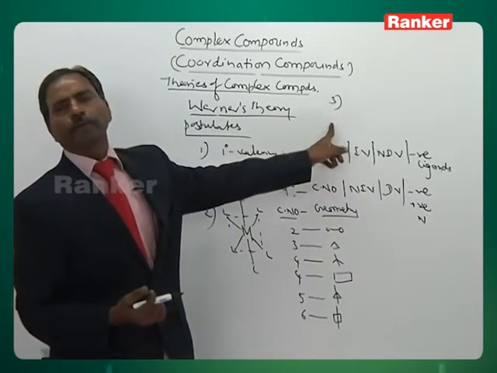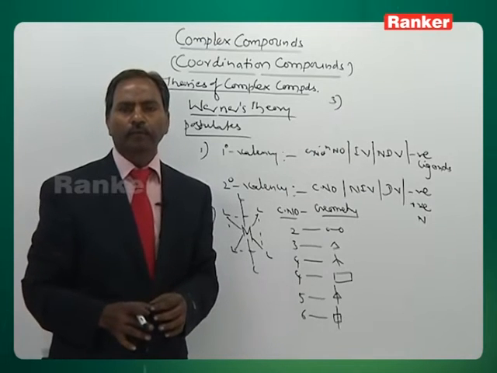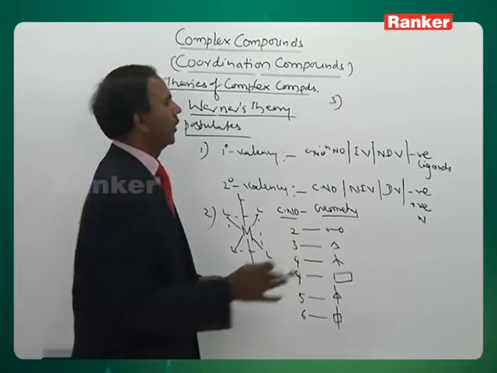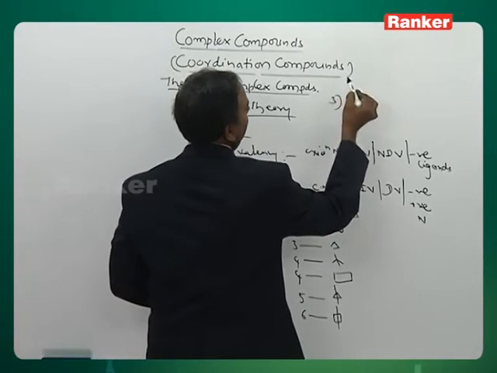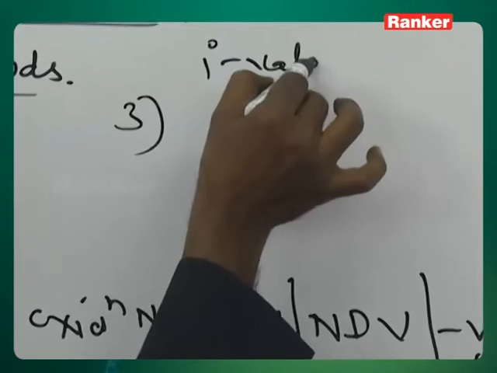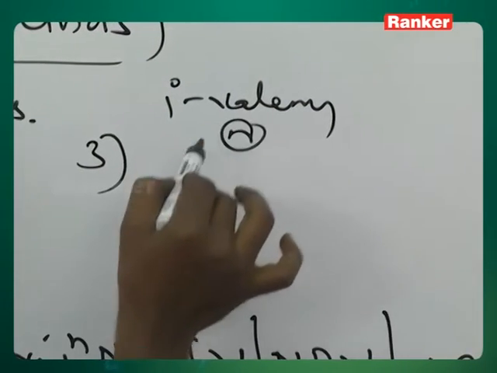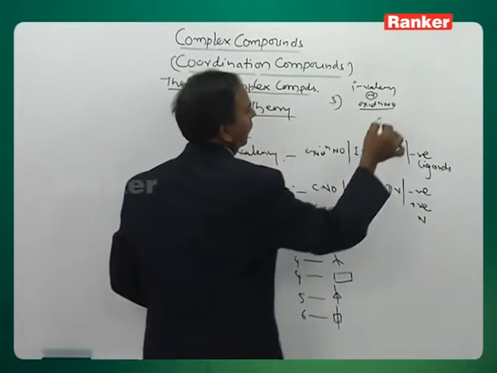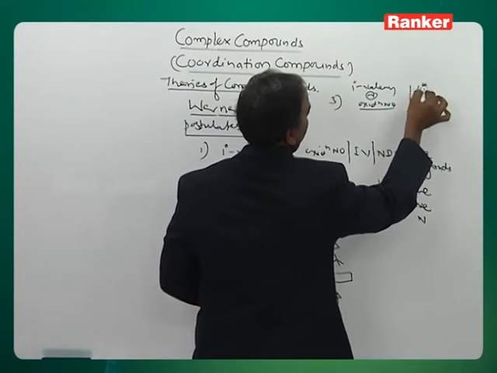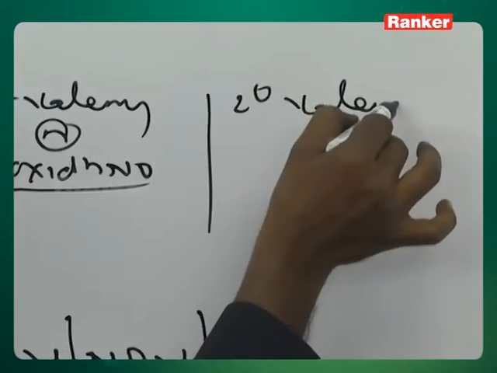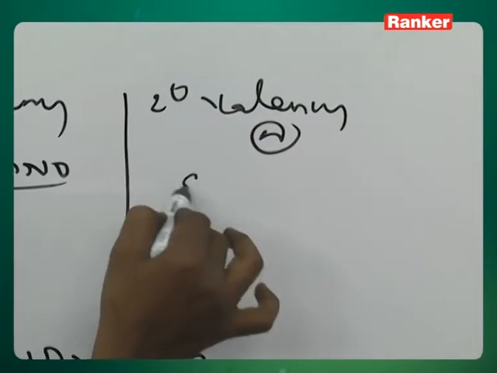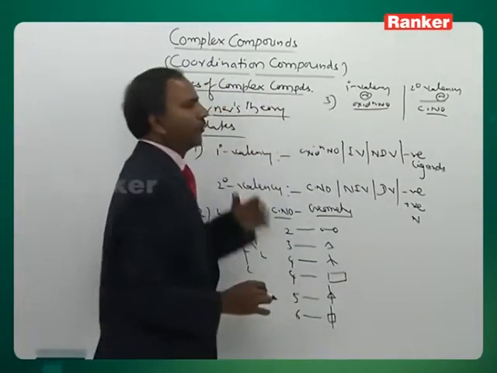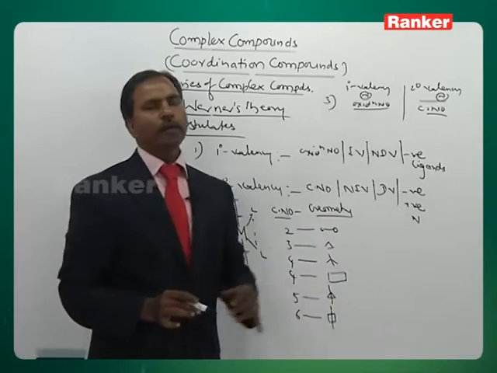So based on the primary valency of the metal ion, there will be a fixed secondary valency or coordination number. Primary valency and secondary valency, oxidation number and coordination number.